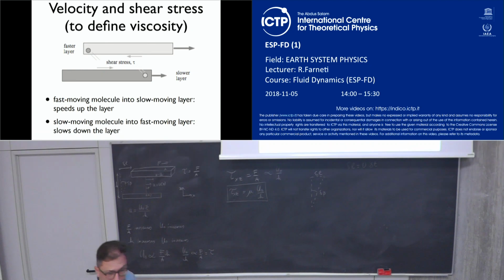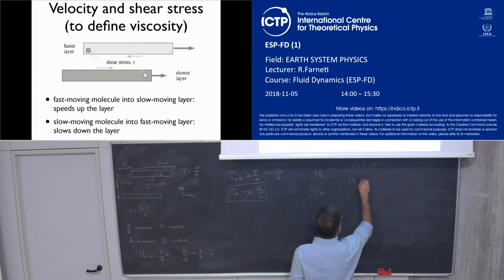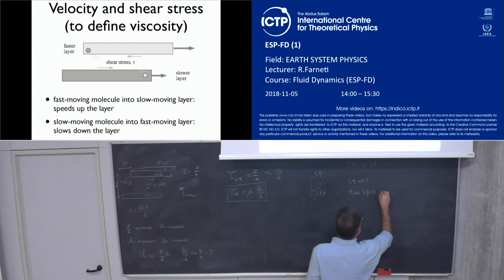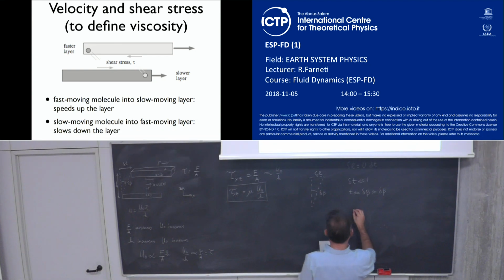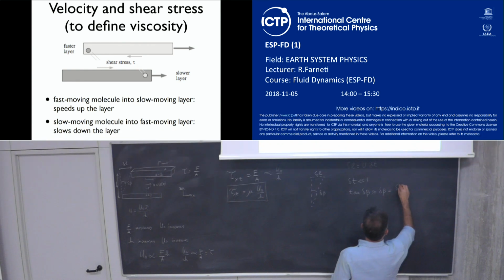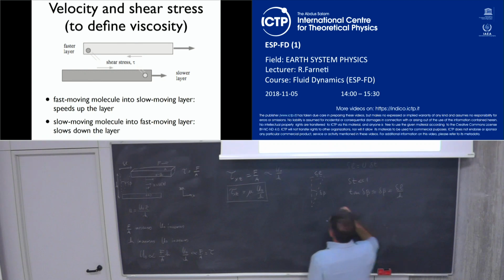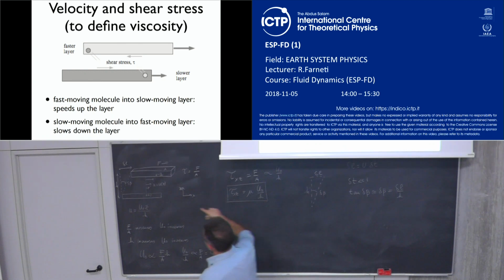Now, if delta t is sufficiently small, so if delta t is very small, you can approximate the tangent of delta b to delta b, some trigonometry. Okay, so that is equal to delta L over H. This is H. Okay, this is just this.